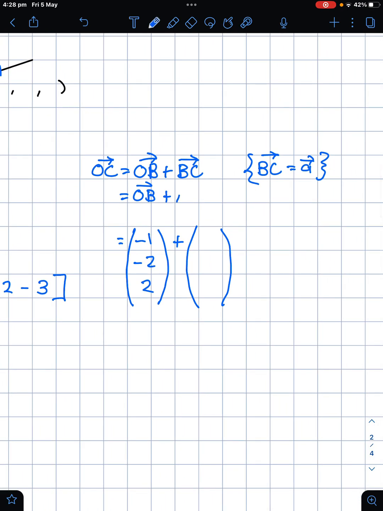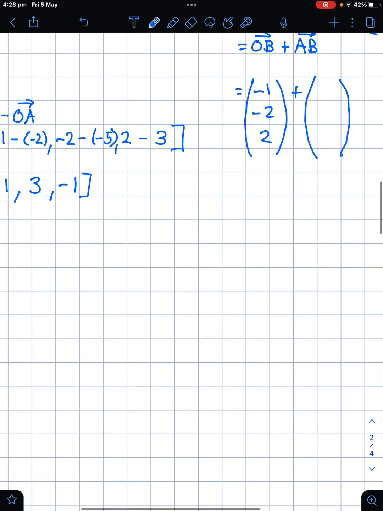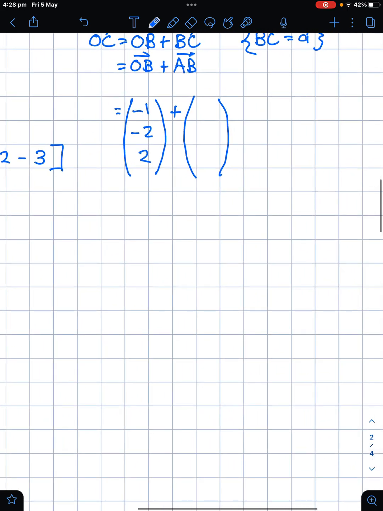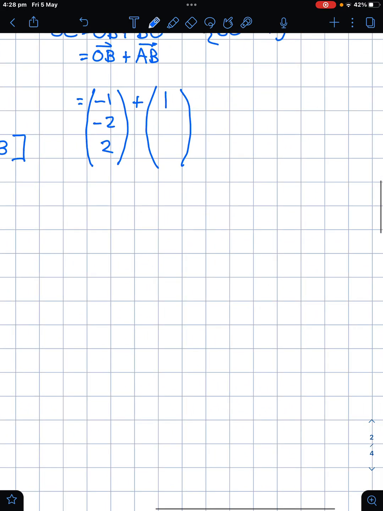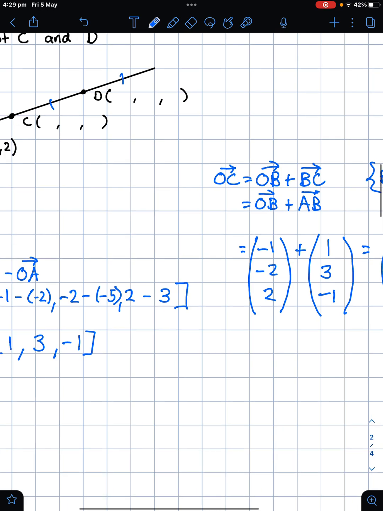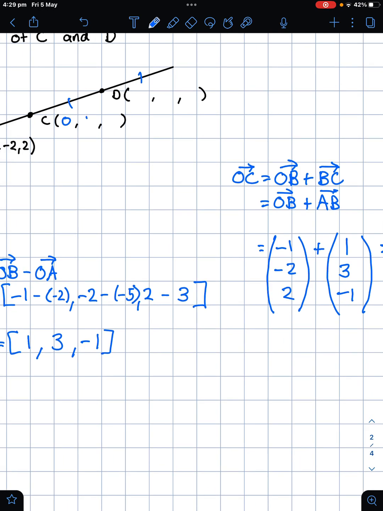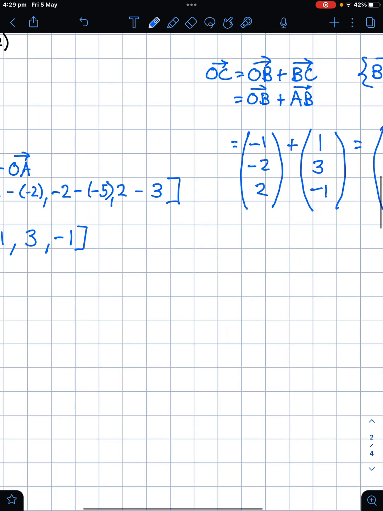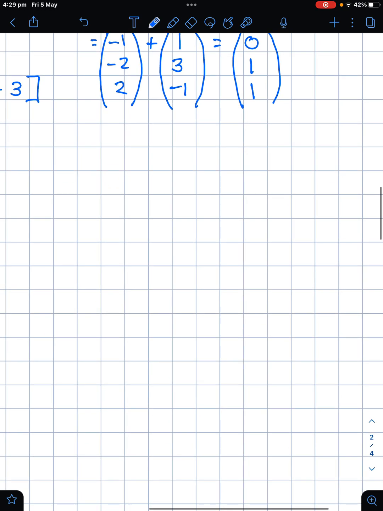I'm going to just call this AB just because it's easier to do over here. That was calculated as (1, 3, -1), which means this whole thing is going to equal -1 plus 1 is 0, -2 plus 3 is 1, 2 take 1 is 1. So we end up with this next coordinate here is (0, 1, 1). Okay, last bit here.